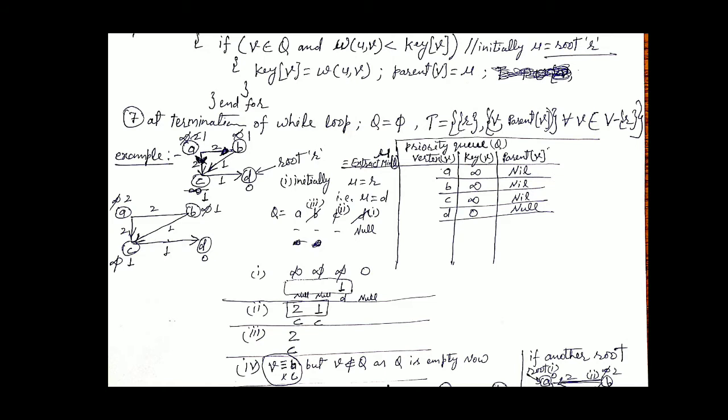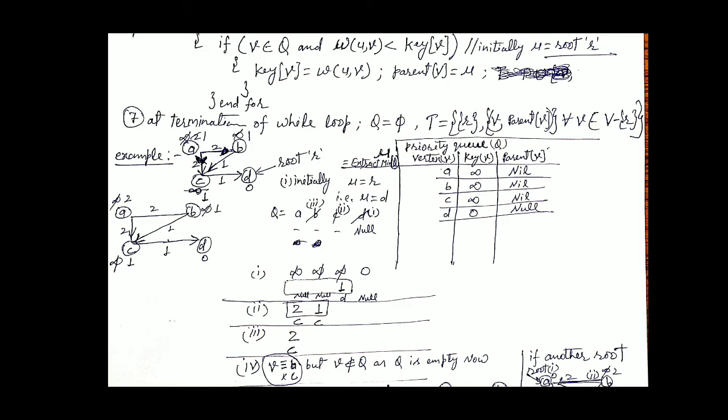Which vertices are in the neighborhood of d, that is, to which vertices is u connected? You observe that there is only one vertex c which is connected to d. Its key value is infinity, which is greater than the edge weight of dc. So we will update the key value of c from infinity to 1 and make d the parent of c.